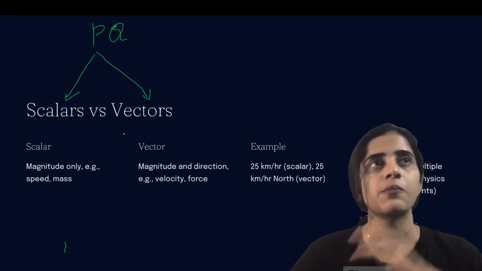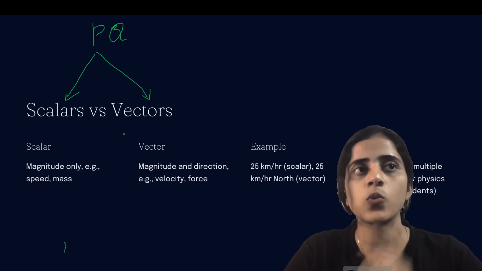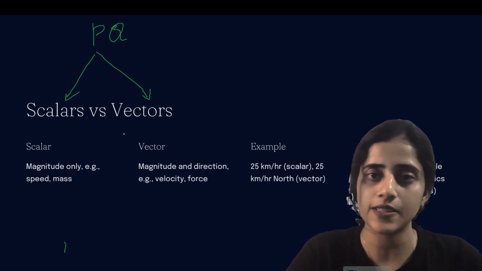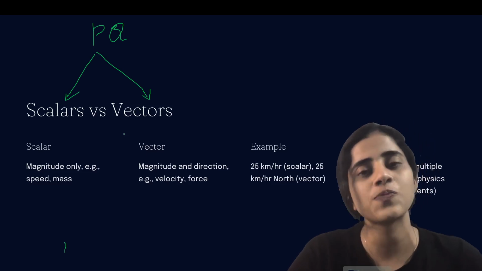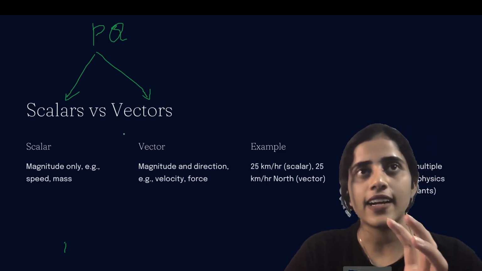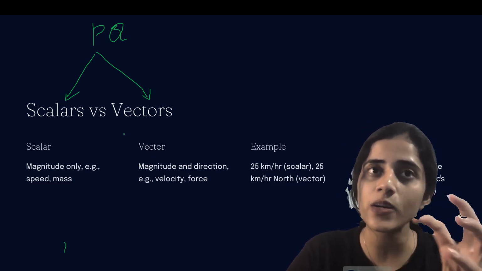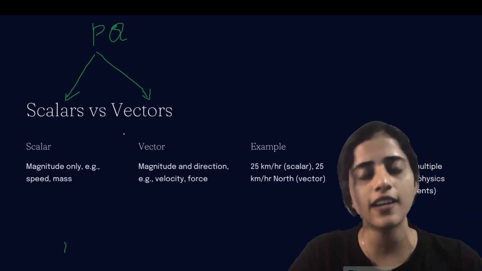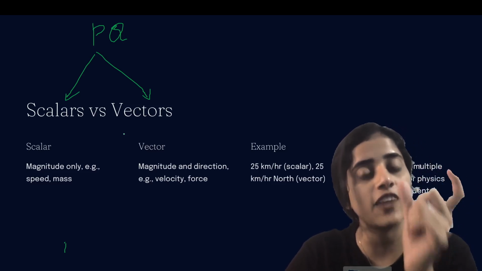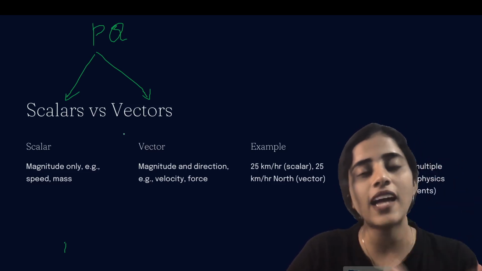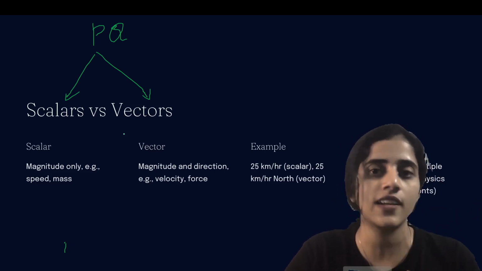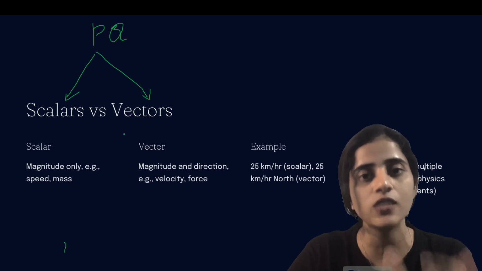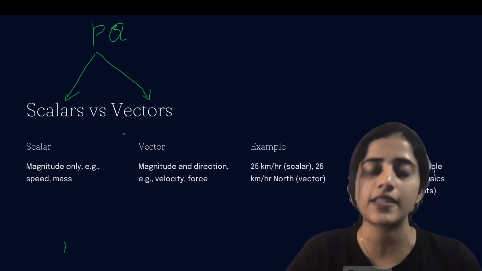For example, I say he ran with a speed of 5 meters per second, which is too much. If I say that, that means he ran with that value of speed. I'm not talking about which direction he ran in. I'm only talking about the value which is 5. That kind of a quantity is called a scalar quantity, where only the value or the magnitude matters.